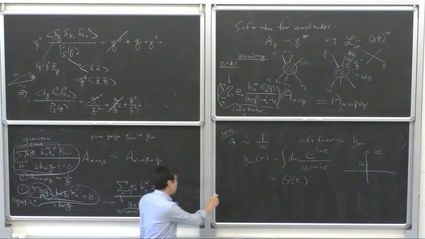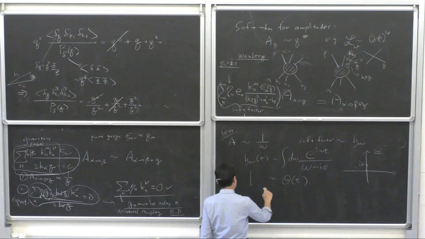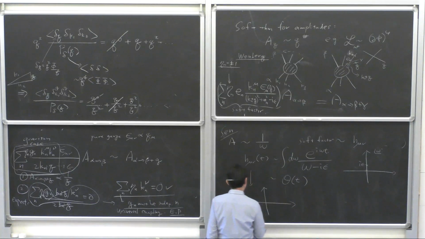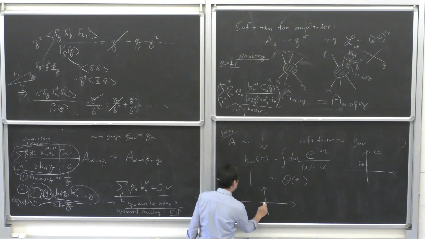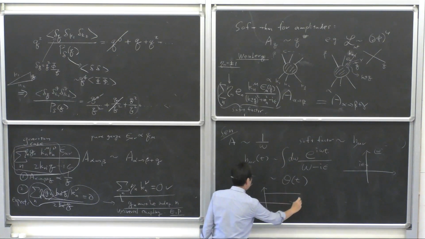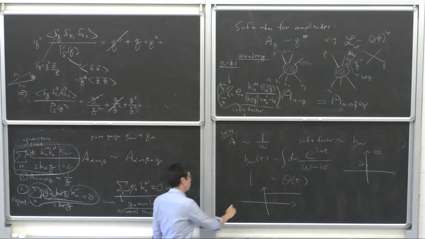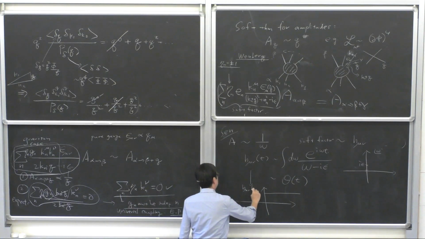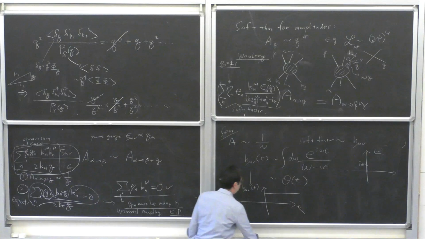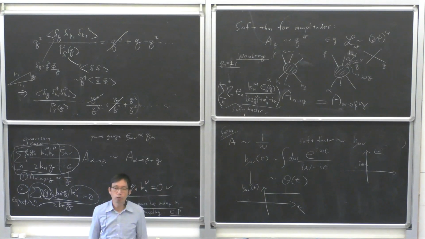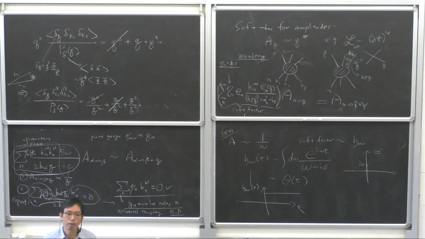So as a function of time, it looks like this. It's 0, and then it goes like here. As a function of time, h mu nu goes like this. So you might wonder what this is about. This is called gravitational memory.